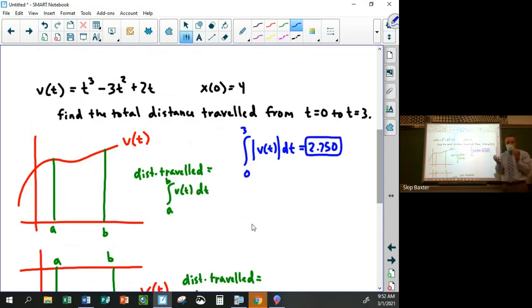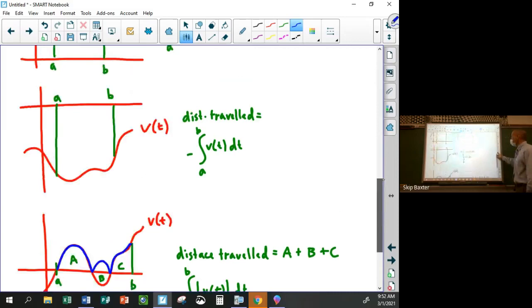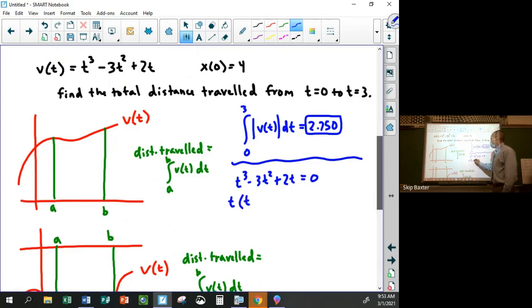Now, what if this was a non-calculator question? Then we'd have to do it the A, B, C way. We'd have to find the zeros of the velocity, which would be t cubed minus 3t squared plus 2t equals 0. This is solvable pretty easily without a calculator: t times t minus 2 times t minus 1.